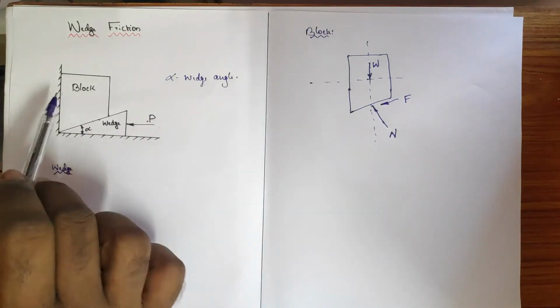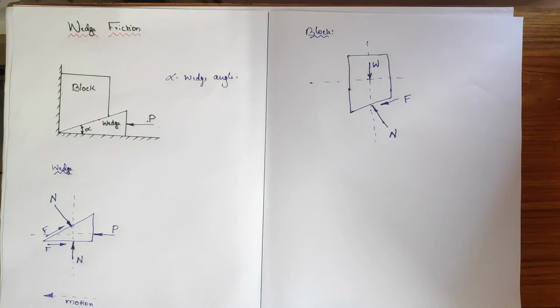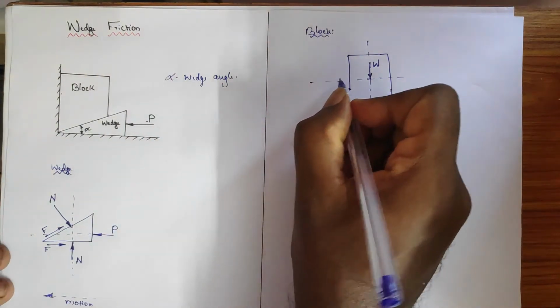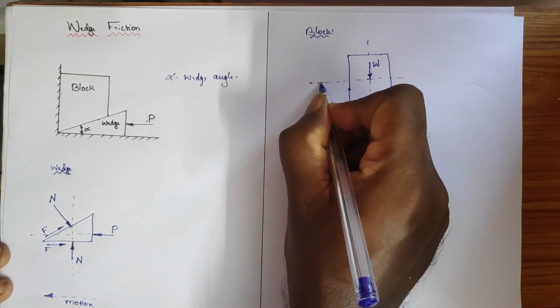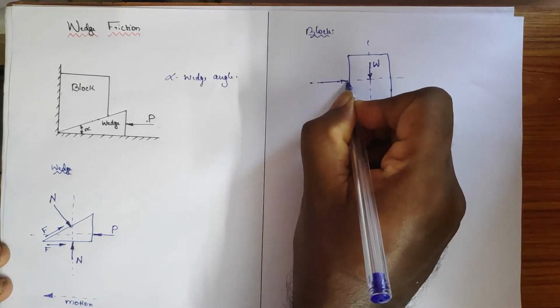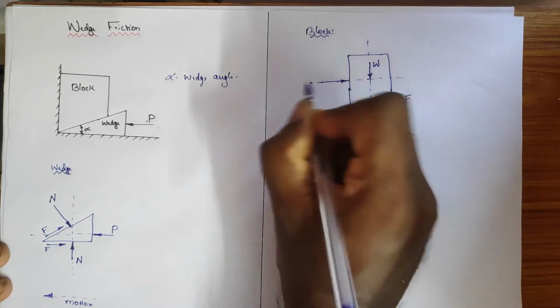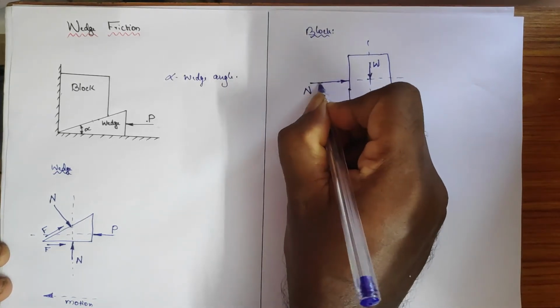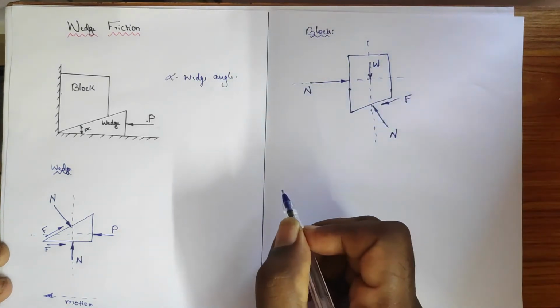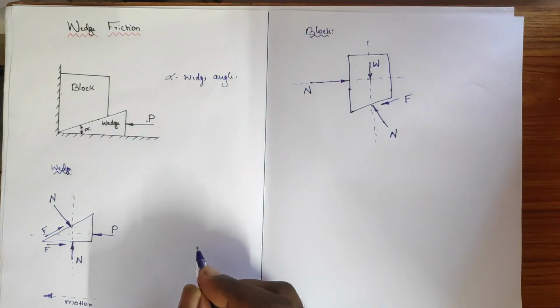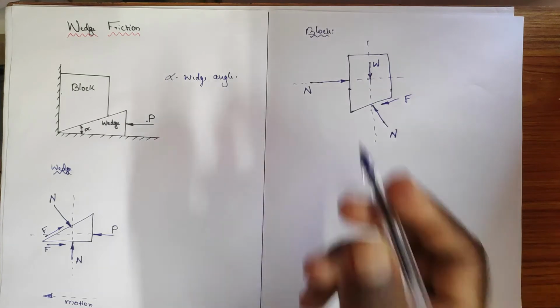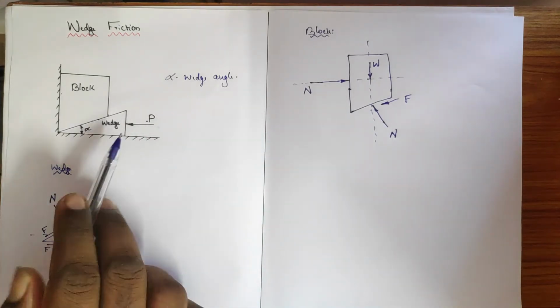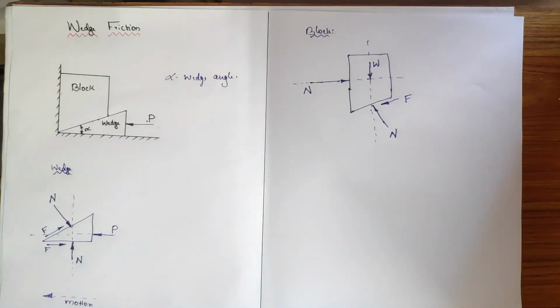What about the next contact region, block and the wall? The block and wall will also have the normal, which is 90 degrees to it. Okay, normal is 90 degrees to it, and then the friction, for where it actually moves. Just imagine when you are applying the force, where this block will move.